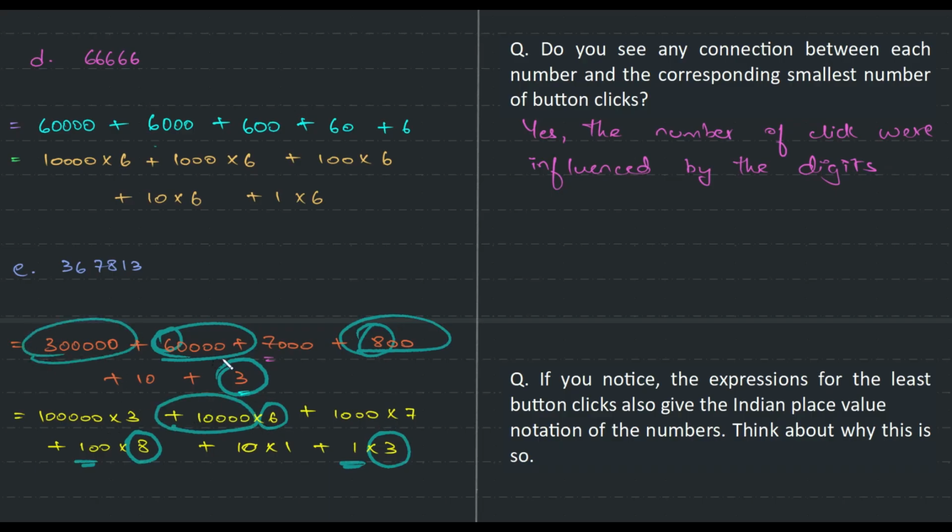60,000: 10,000 being clicked 6 times. 3 lakh: a lakh being clicked 3 times. Is that correct?